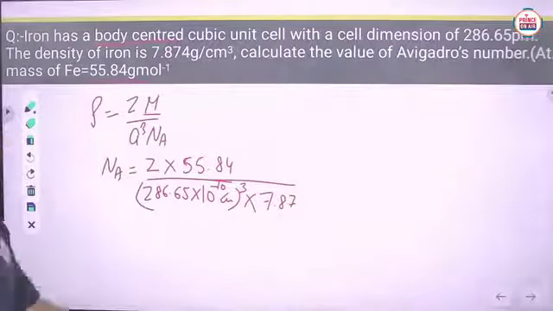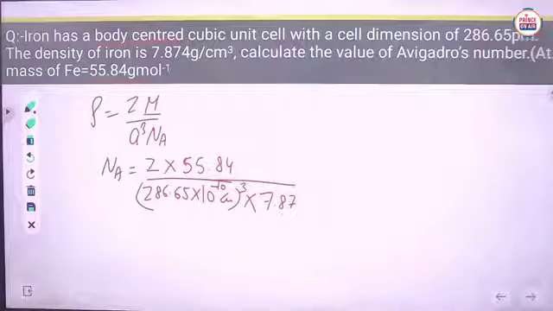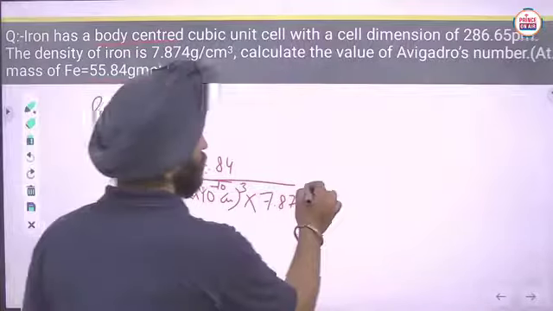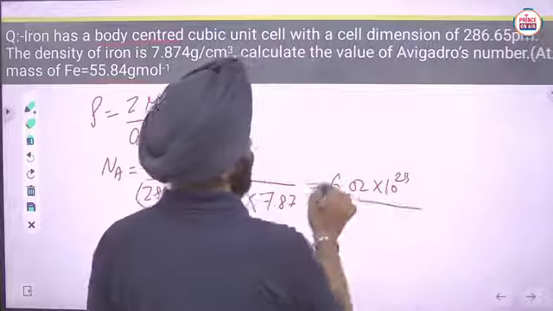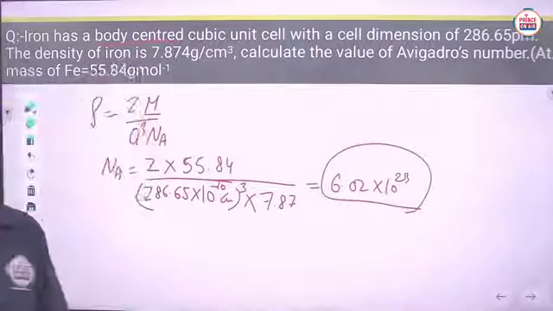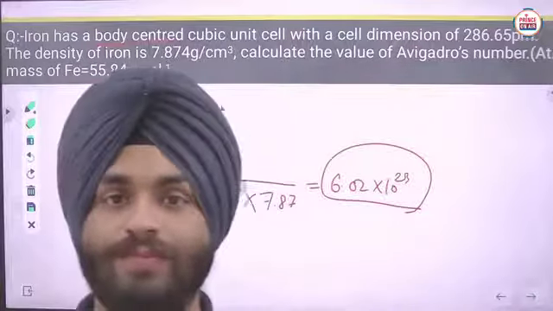Now solve this value directly. Can you solve this value now? The answer will come out to be the same, that is 6.02 into 10 raised to the power 23. Clear? Yes, done? Any doubt here?